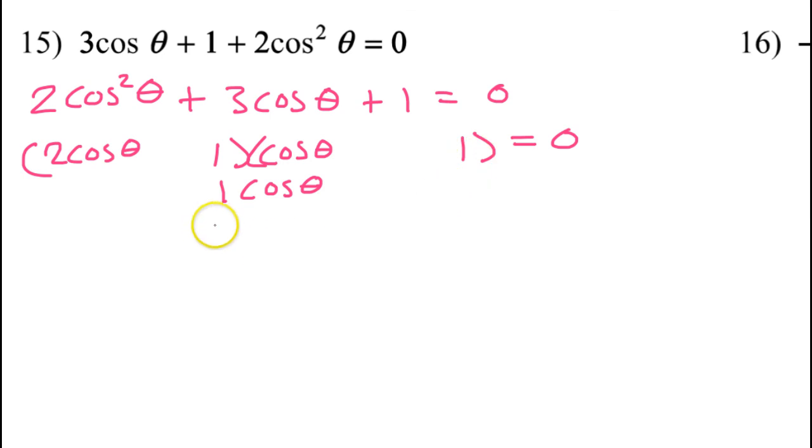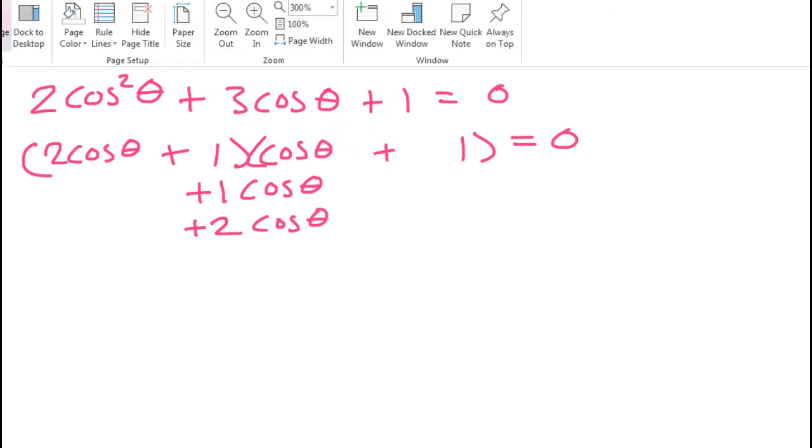If I multiply those, I get 2 cosine theta. Now the middle is 3 cosine theta. These 2 put together can equal 3 cosine theta as long as I let them both be positive, which means that both of these will be positive, and it works out because positive 1 times positive 1 is positive 1. Always need to check that.